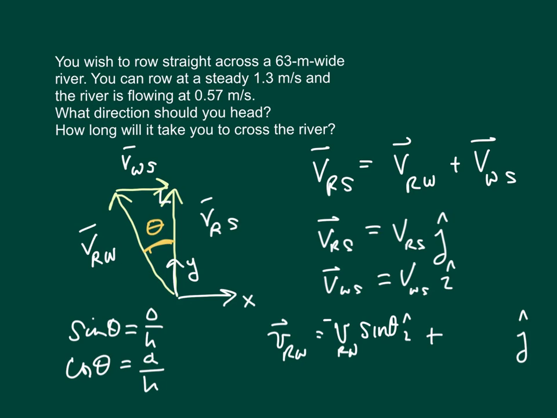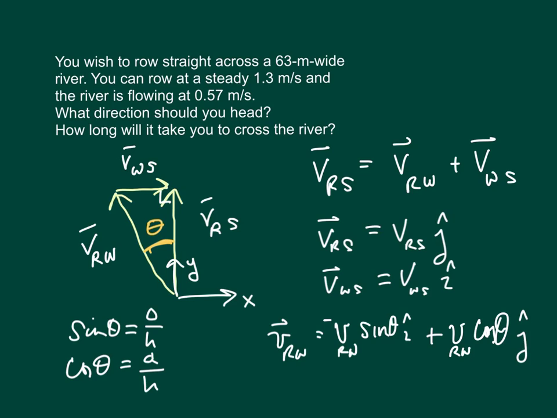Similarly, for the component of this vector that's projected along the y-axis, we're going to be using adjacent over hypotenuse, so that'll be the cosine of theta. And we will write the magnitude of the rower's speed with respect to the water times the cosine of theta. There we go.